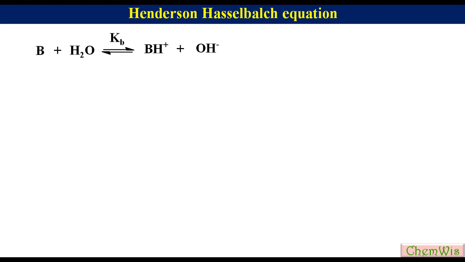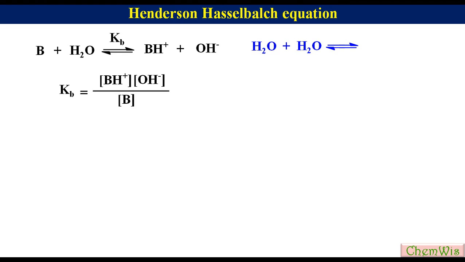We can write Kb is equal to molar concentration of BH plus into molar concentration of OH minus upon molar concentration of B.